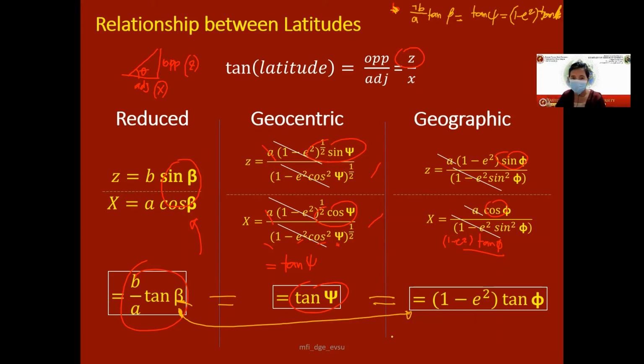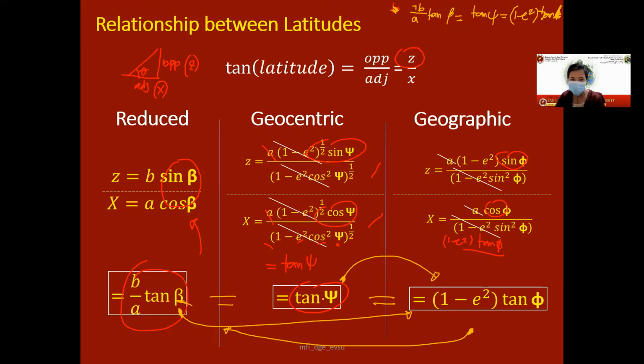Likewise, if you are given geographic latitude and required to compute the reduced latitude, you can use these two relationships. The same goes if you are required to compute the geocentric latitude and you are given the geographic latitude: you first transform this into that type of latitude before you proceed with the remaining solution.